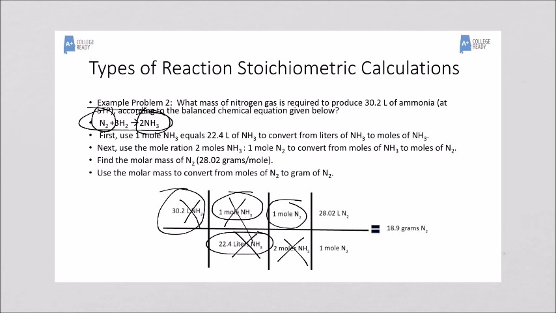And then finally we're going to convert back to grams, remembering that 1 mole of nitrogen is equal to 28.02 grams of nitrogen. We have to use the formula mass. Multiply across the top, divide by the bottom, and we end up with 18.9 grams of nitrogen gas.